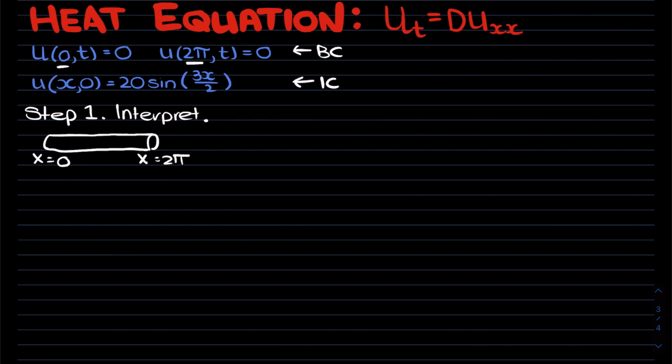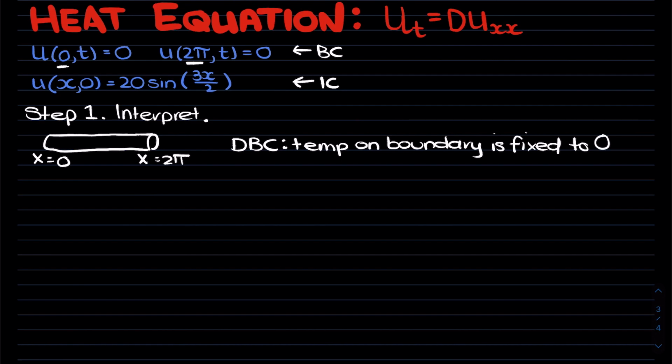For the Dirichlet boundary condition, DBC for short, it just means, if it's homogeneous, that the temperature on the boundary is fixed to 0 degrees for all time as well.